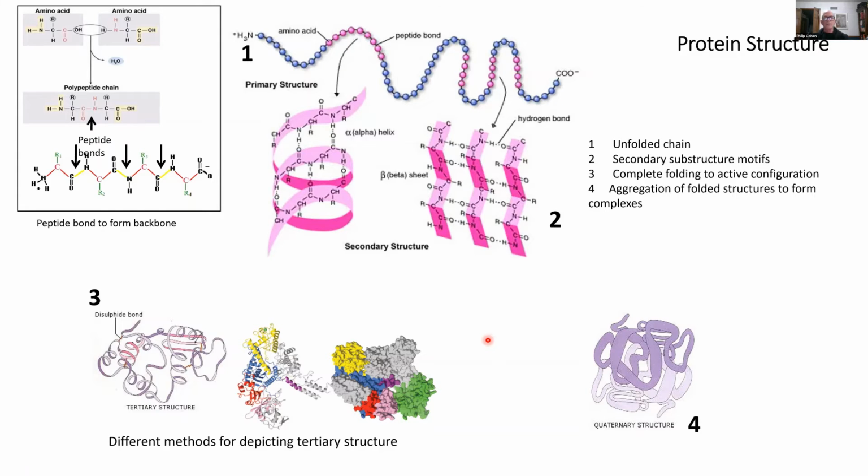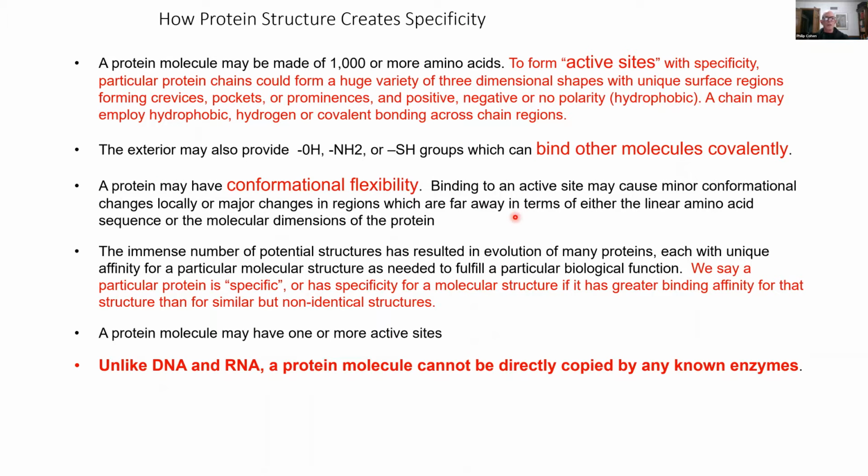And the next slide is really just a lot of words that says that. By folding up into a three-dimensional structure with these groups sticking out, you can form sites that are charged, sites that are non-charged, what we call hydrophobic, and you can create any kind of topology, and that's what enables the protein to carry out the function that it's going to carry out.